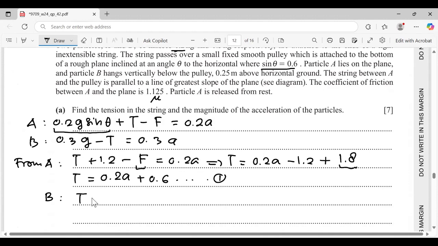So it is 3 minus 0.3A. That's the equation.